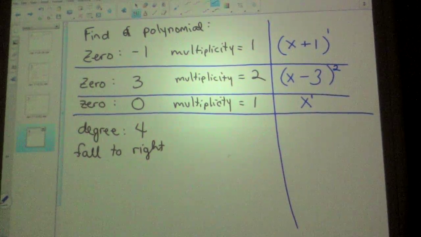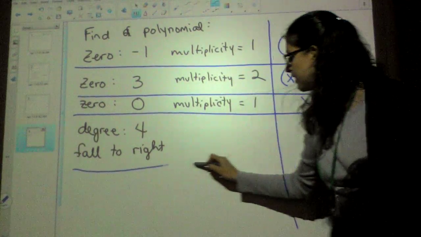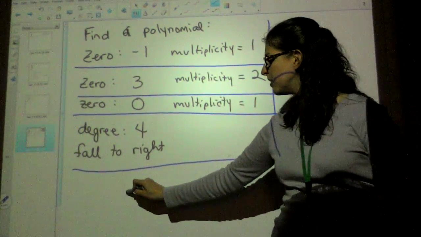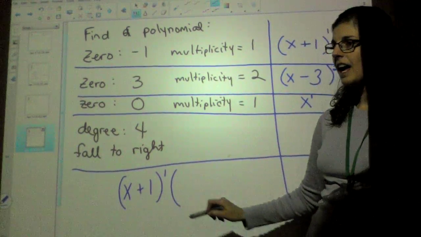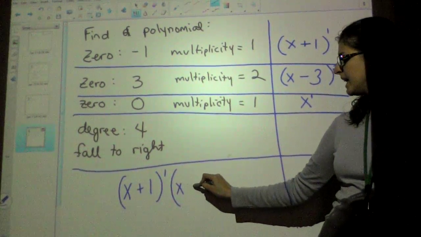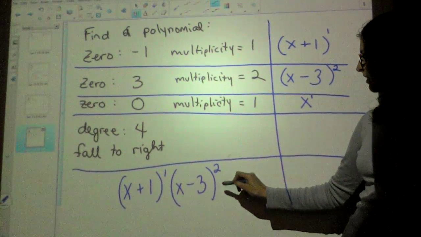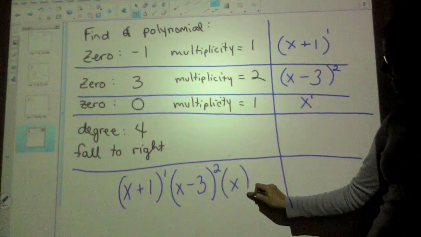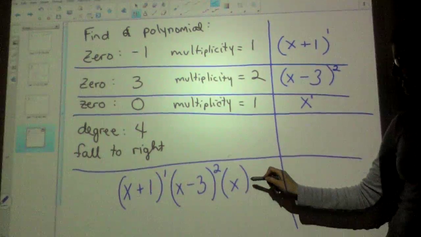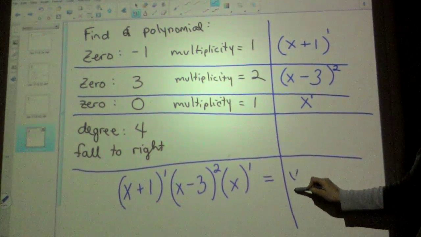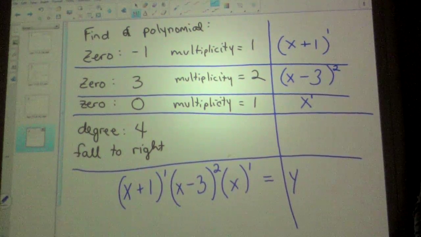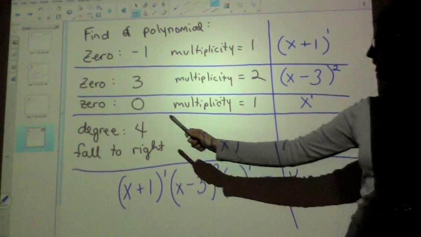So really, you have the polynomial x plus 1 to the first times x minus 3 quantity squared times x to the first. And we might put that one out in front. If I were to multiply these together, I would get a polynomial that works. However, is it degree 4?